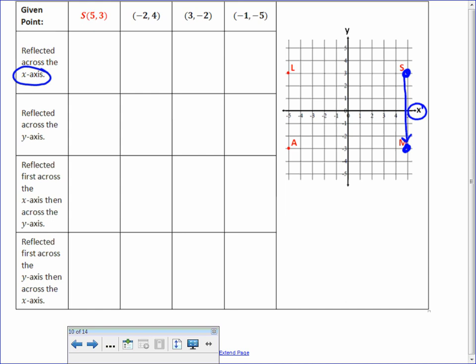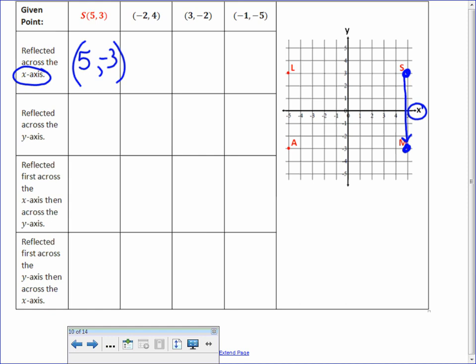The x-coordinate. Which coordinate do we take the opposite of? The y coordinate. So those would be the coordinates when it's reflected over the x-axis.